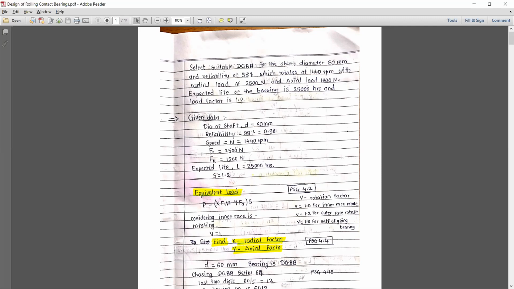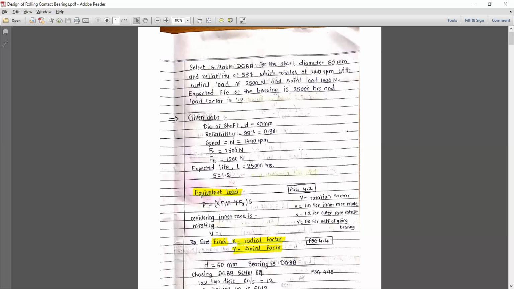The expected life of the bearing is 25,000 hours, and the load factor, or you can say service factor, is 1.2. So from this given data, first of all we need to write down the given data.